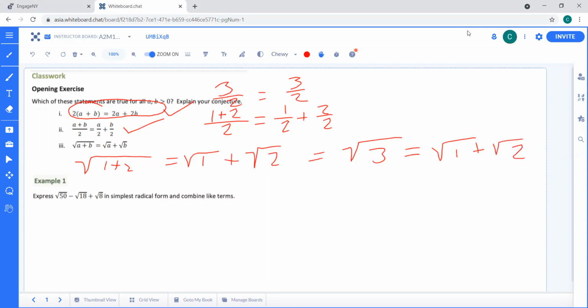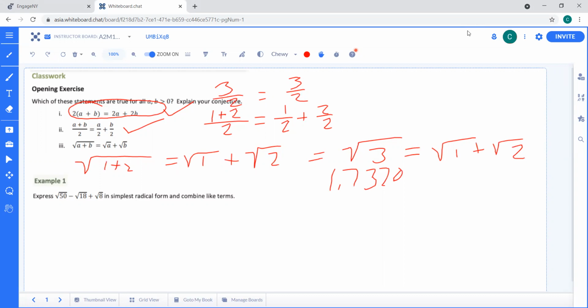Now, for you to know that, because honestly, I don't know what the square root of 3 is, let me look. Square root of 3 is 1.7320, blah, blah, blah.